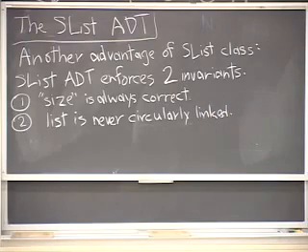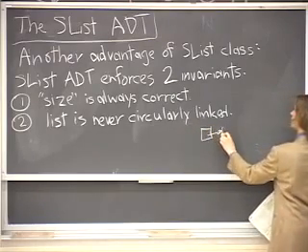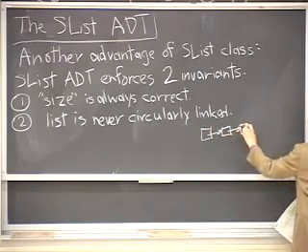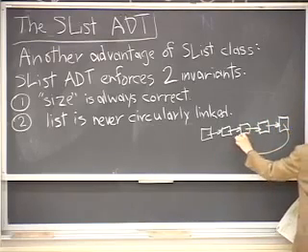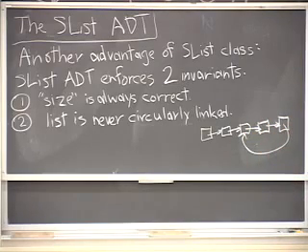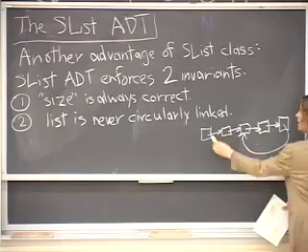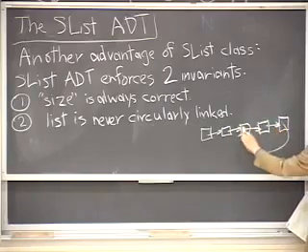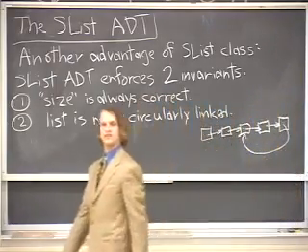What do I mean by circularly linked? Well, if I had a list that looked like this, that would be an example of a circularly linked list. And you can see that this is a problem because if I try to, for instance, print all the items in the list, my loop might keep walking forever and never stop. So that's not a good list representation.